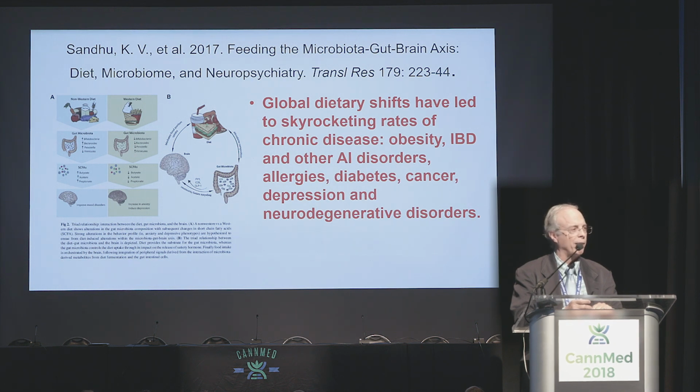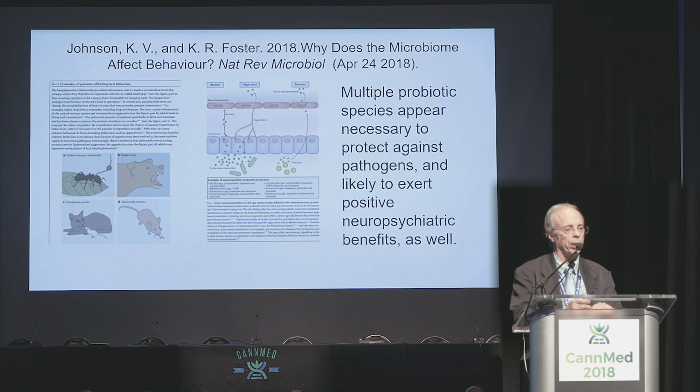And these were not rare in past centuries merely because we're living longer. It's demonstrable that there are more of these per the population. Apparently, it's necessary to have multiple probiotic species, not single ones, to protect against pathogenic bacteria like Clostridia and to gain these neuropsychiatric benefits.